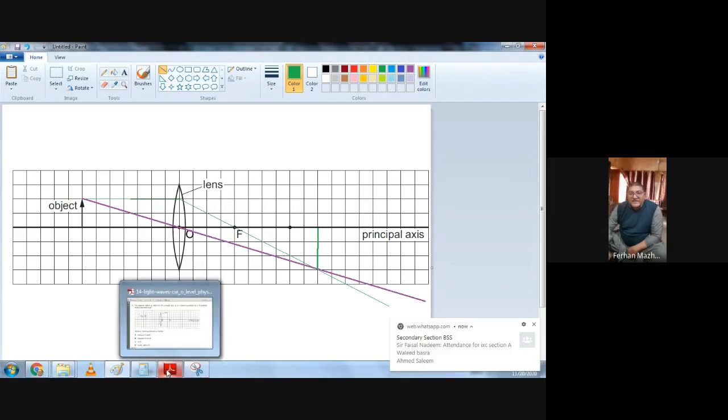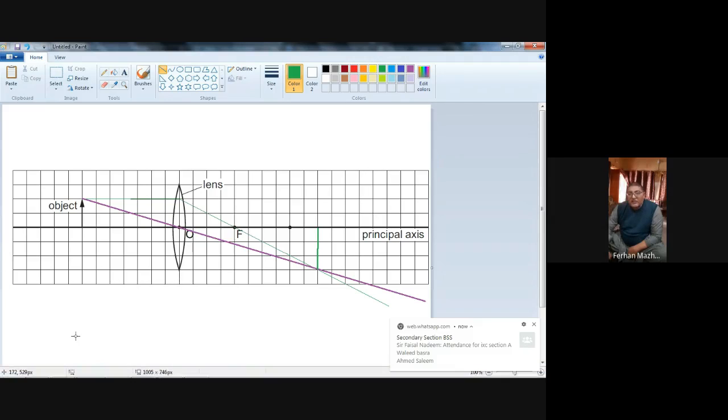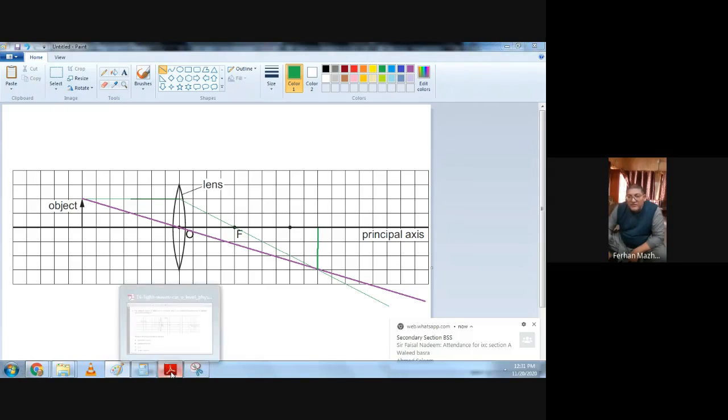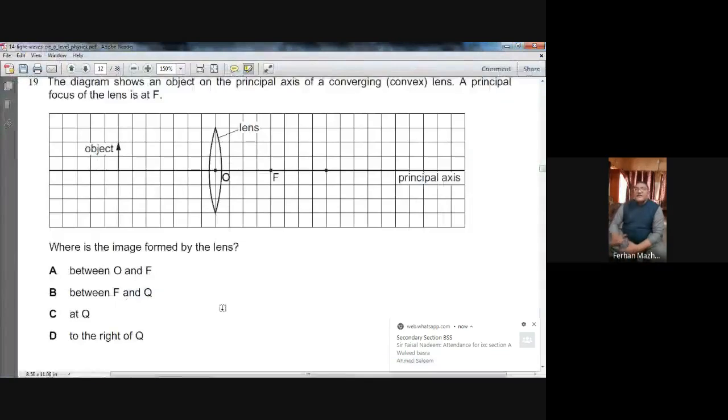Okay, so let's see the options. I hope you have understood. We have located the image on the diagram, and now we will see what options we have. Between O and F, that's wrong. Between F and Q. Where is Q?